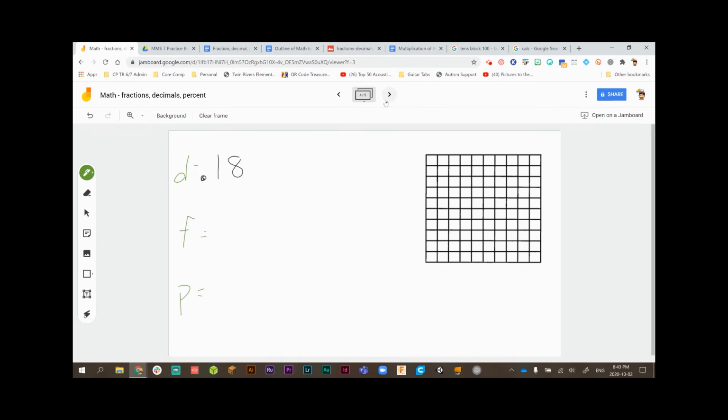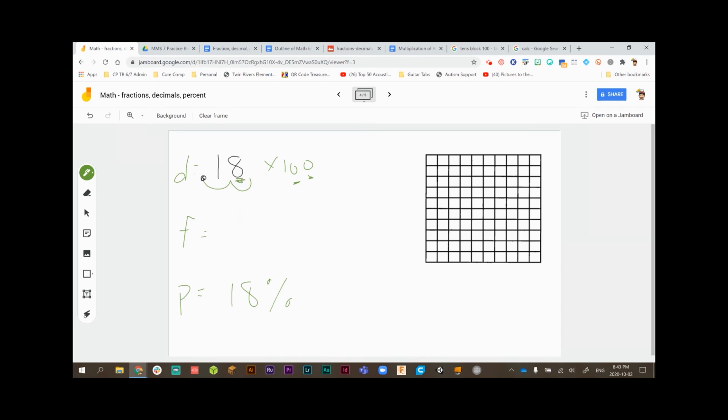So it doesn't matter which one you do first. I can go 0.18 times 100, and that's going to give me 18% if you do that in your calculator, or just move the decimal place over 2 times because you have 2 zeros. And then our fraction for that is, 8 is in the 100th spot.